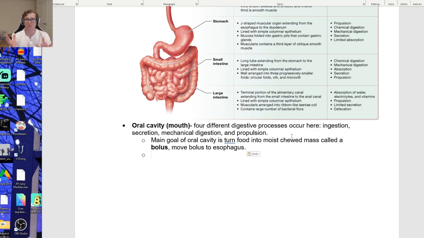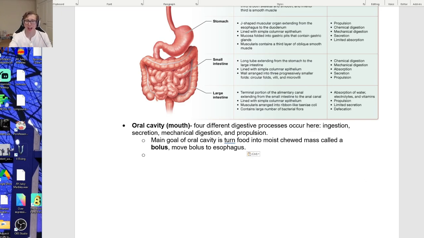So the main goal of the oral cavity is to turn food products into a bolus. Bolus is just a term for food when it's all mashed up, moistened, wet. It's a ball. So if you eat a Pop-Tart, or a bowl of rice, or a steak, once it's chewed and swallowed, that food is now called a bolus.